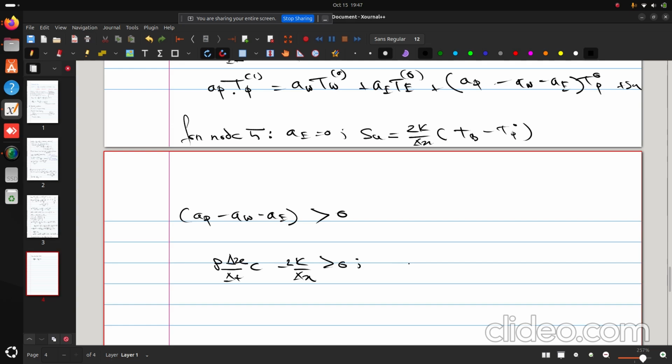Now if we look at it, let's take the delta t to the right hand side and flip it, so rho delta x times c by delta t should be greater than or equal to 2k by delta x.